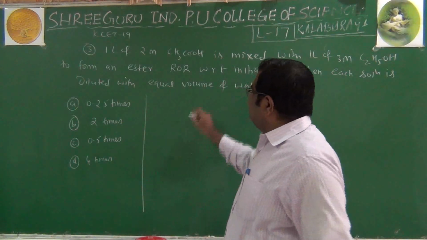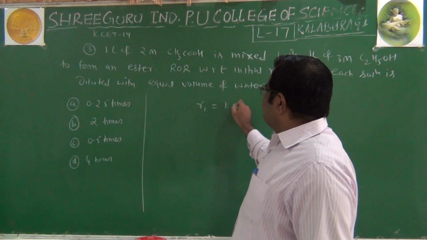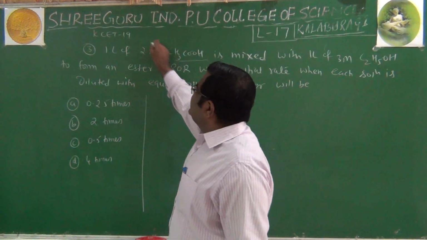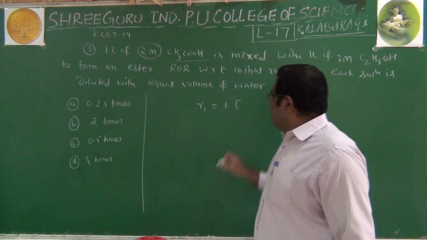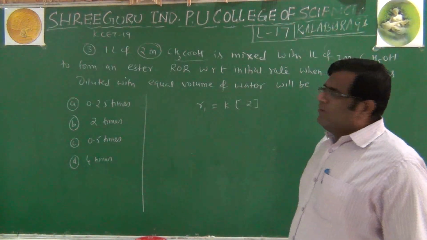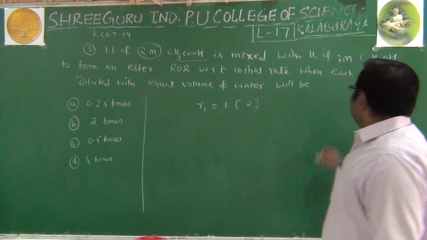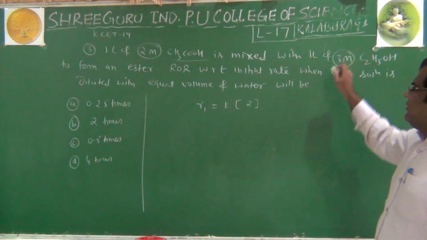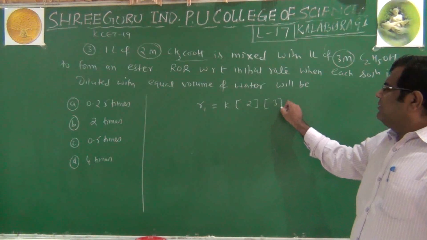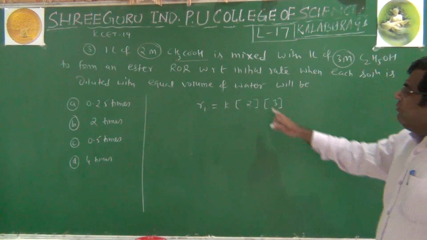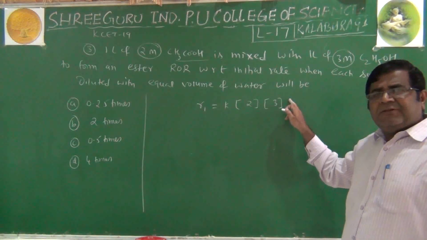So you can write initial rate equals k, the molar concentration of acetic acid, which is 2 molar. In square brackets we write molar concentration, and that of ethanol is 3 mole per liter. Now what exponents should we write?